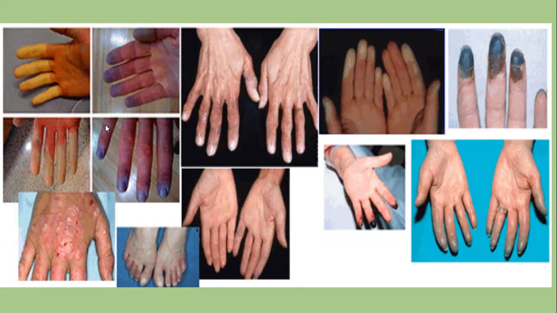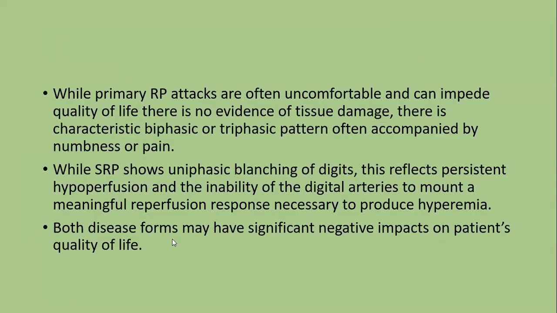So you can see these different images of Raynaud's phenomena, and all those conditions in which there is persistent necrosis, these are the secondary Raynaud's phenomena. While primary Raynaud's phenomena attacks are often uncomfortable and can impede the quality of life, there is no evidence of tissue damage, and there is a characteristic biphasic or triphasic pattern accompanied by numbness or mild pain.